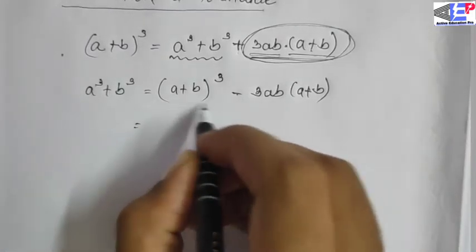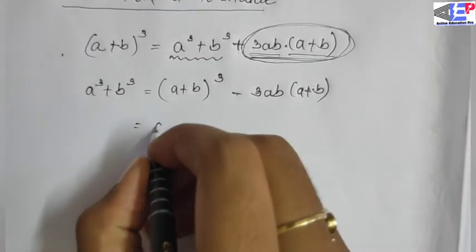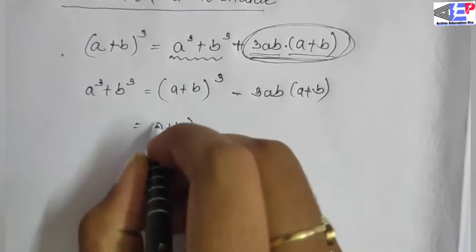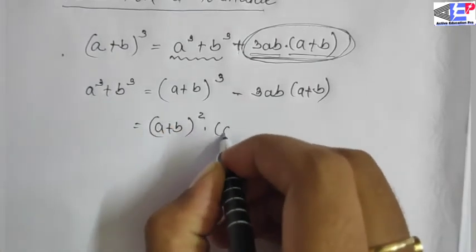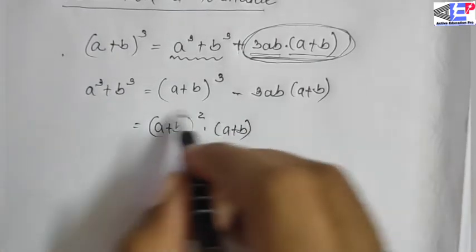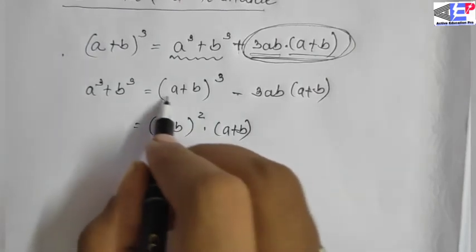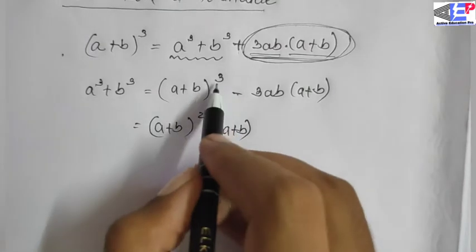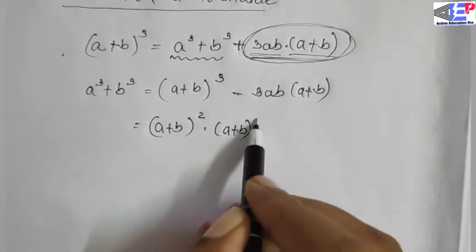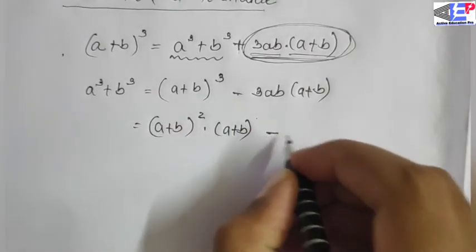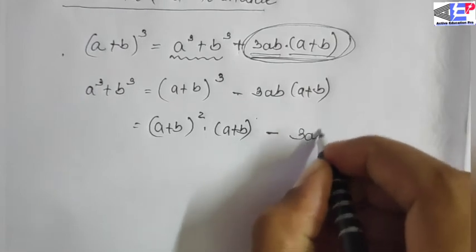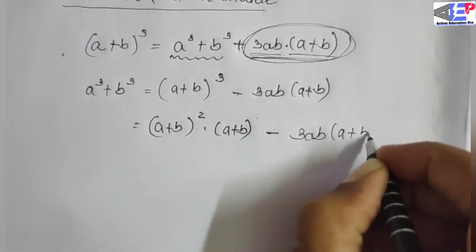Now we can express it as (a plus b) whole square into (a plus b). We can write (a plus b) square into (a plus b) as (a plus b) whole cube, because the power is 2 plus 1, which is 3, and then write minus 3ab into (a plus b).